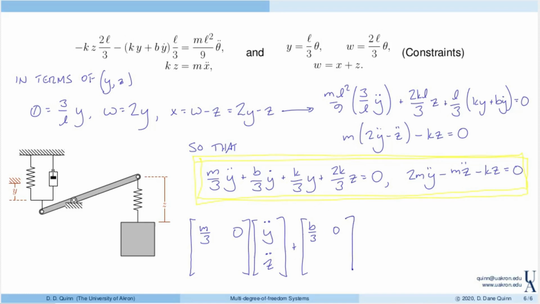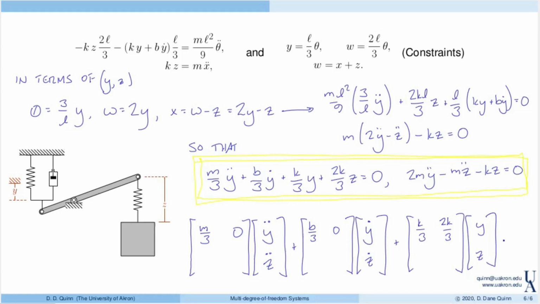There's no damping term associated with z dot, so we have a 0 in that element. And then finally the stiffness matrix is k over 3 and 2k over 3, times y and z equals 0.